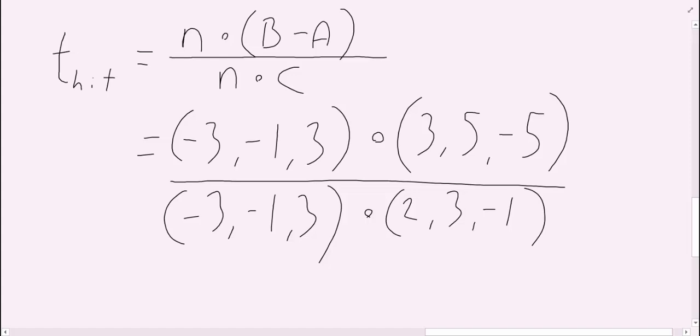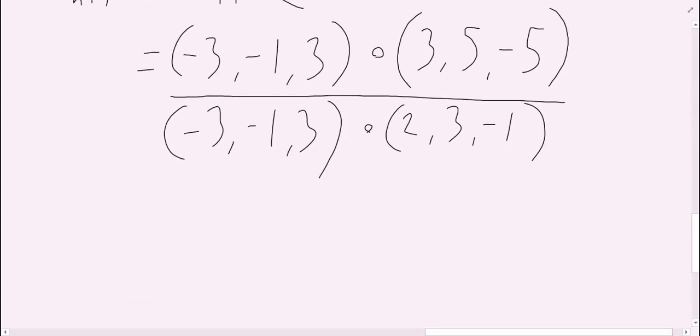So now we simply have to solve this. Okay, minus 3 times 3, so we have minus 9, minus 5, we've got minus 14, minus 15.